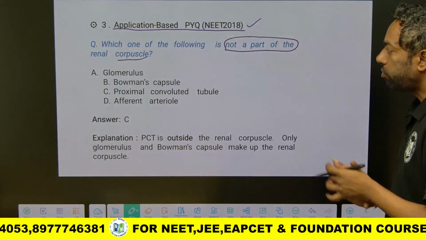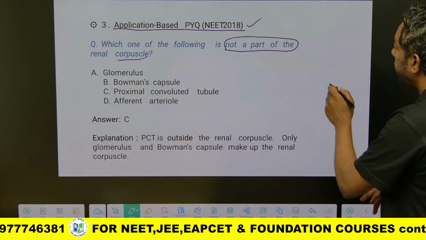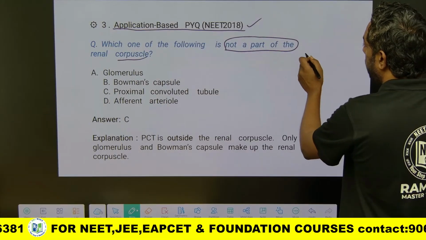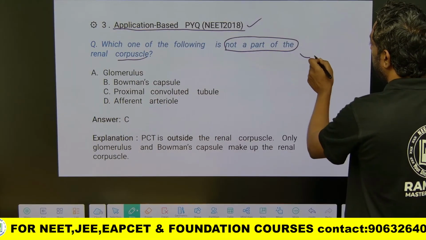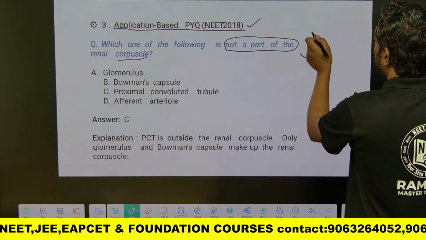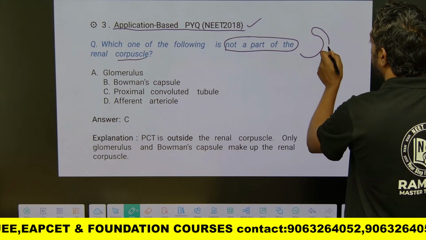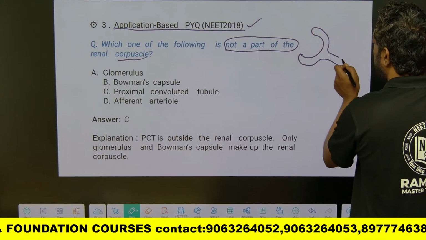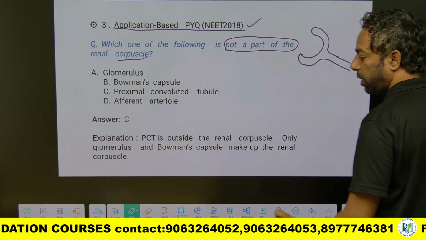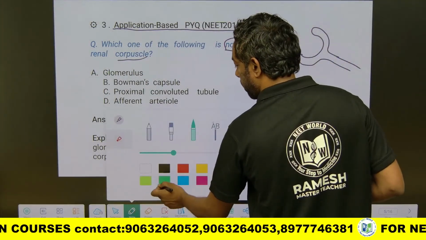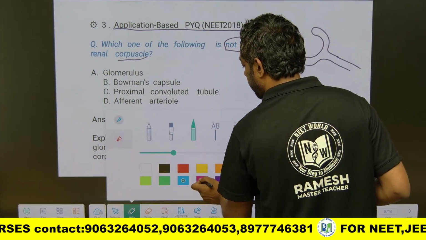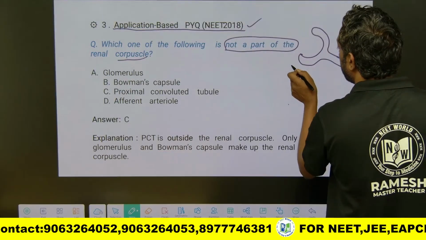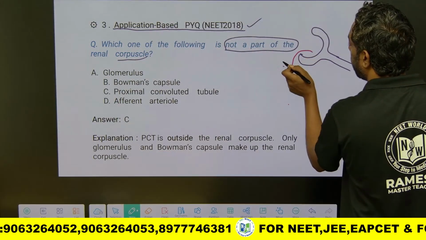So what is the renal capsule? Just look here. This is Bowman's capsule, and there is a blood vessel which enters the Bowman's capsule, the afferent arteriole.